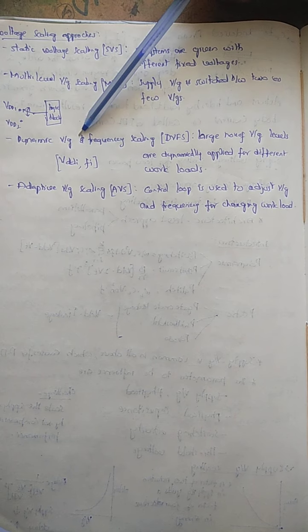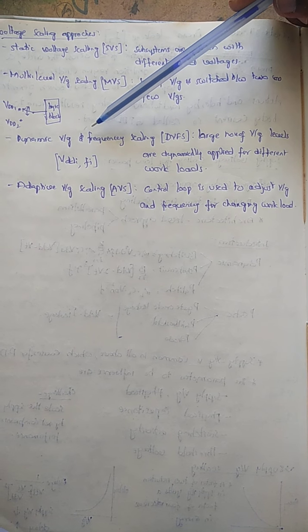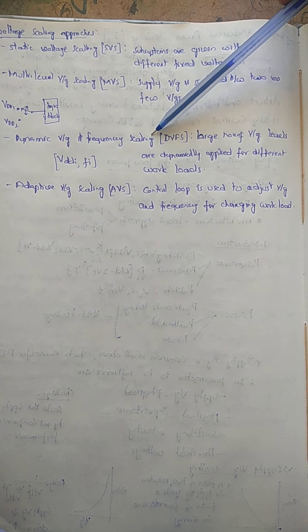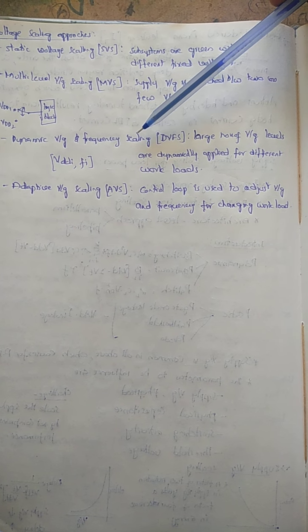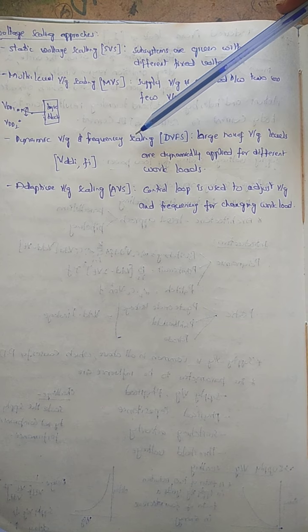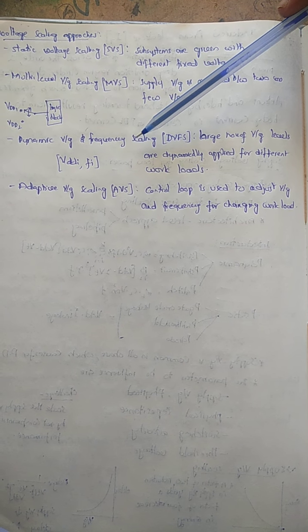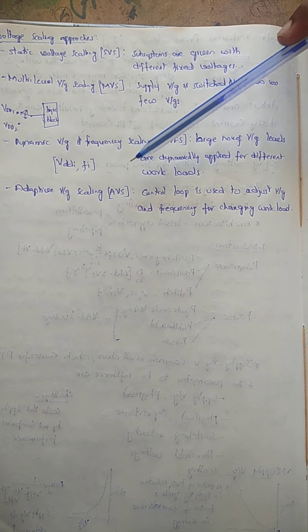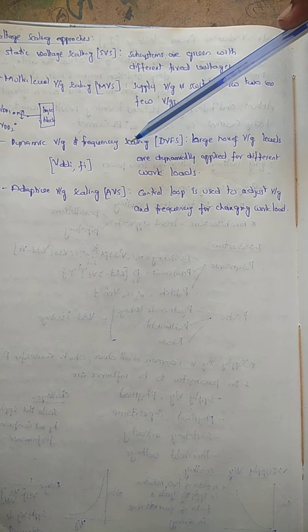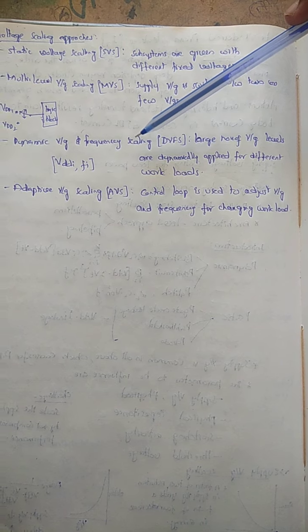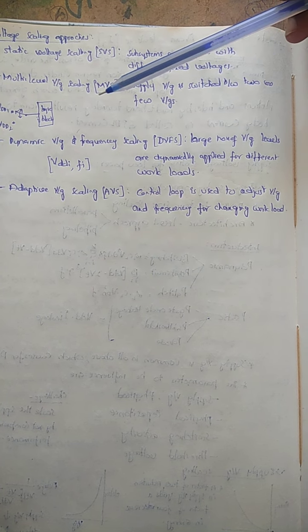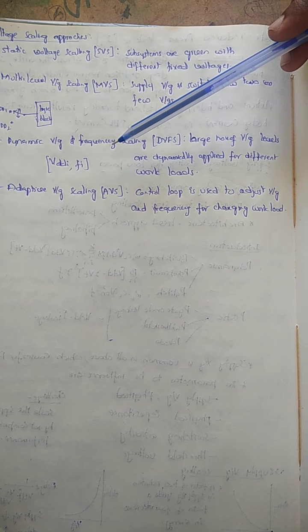Now we will move to the next type, that is dynamic voltage and frequency scaling. In this dynamic one, a large number of voltage levels are dynamically applied for different workloads. Different workloads are connected with different voltage levels, and it changes dynamically.